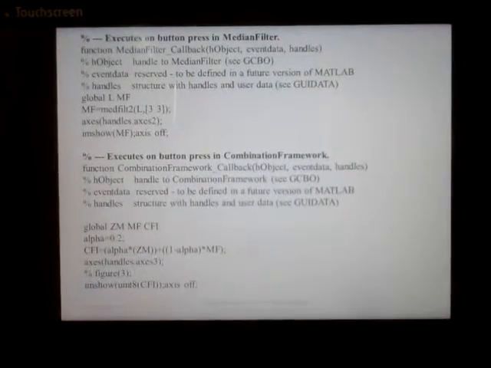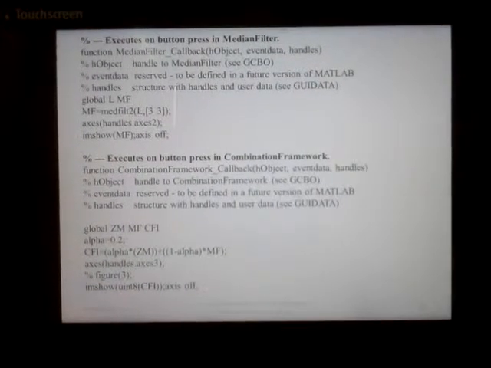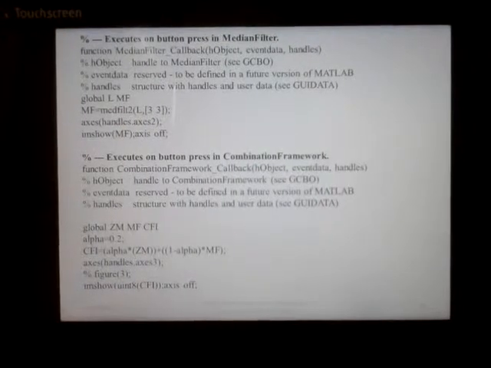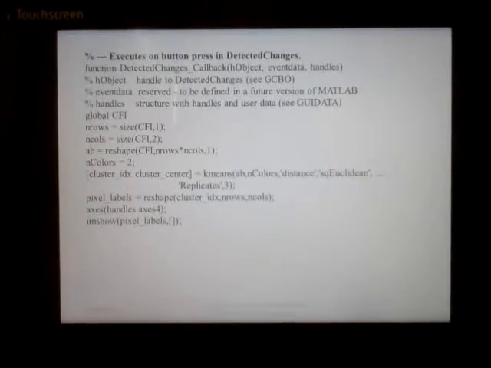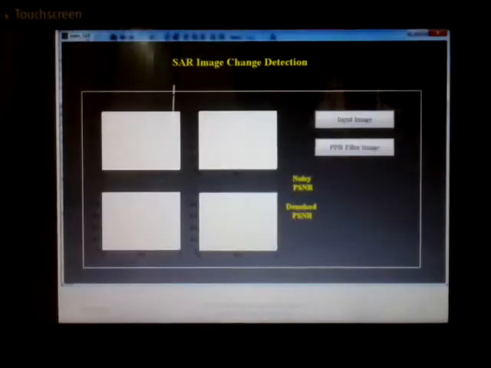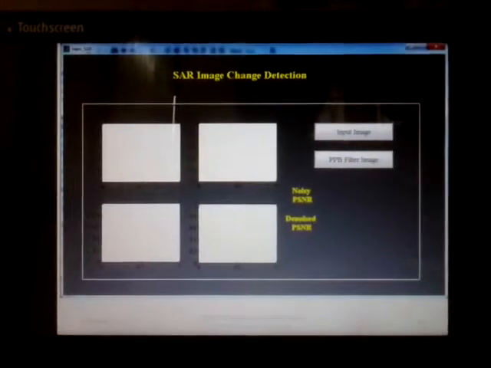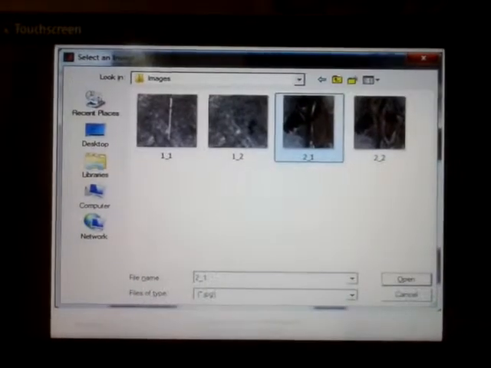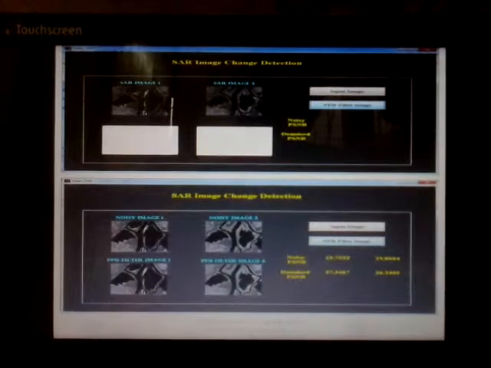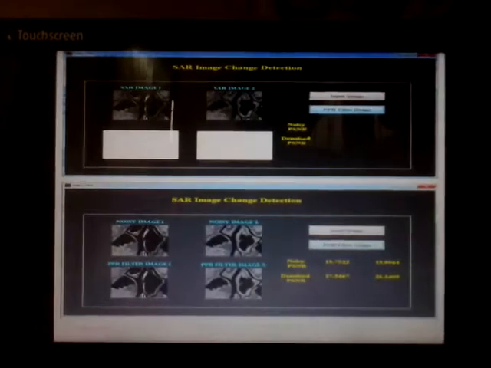This is the formula for the combination framework: CFI equal to alpha into Zm plus 1 minus alpha into mf. Finally we do the detected changes. Then we got the final output. We select the images, input 1 and 2. We selected the two images.